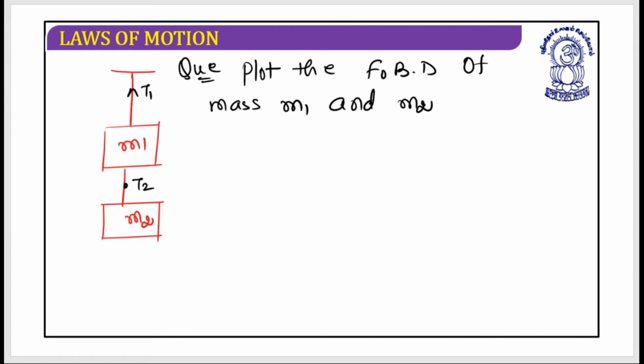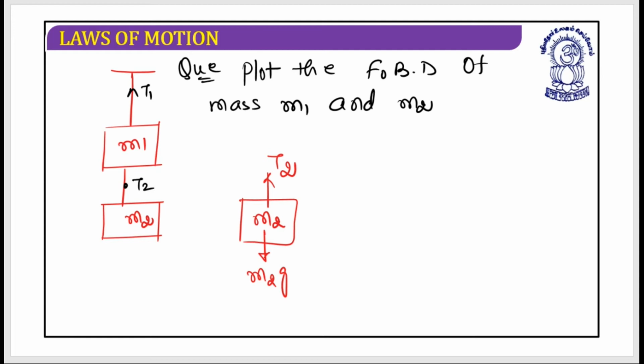So what is the situation? Let's just begin with M2. Which are the forces that are acting? First, it's M2g. Next, it's tension, this is tension T2. Anything else?